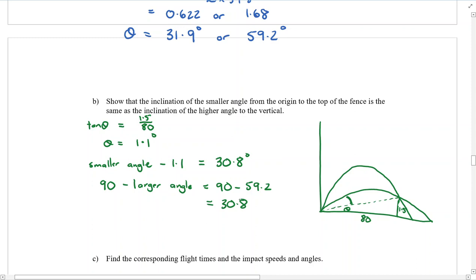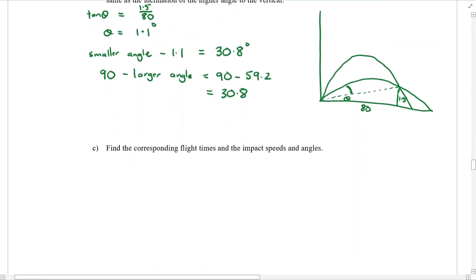So the angle between directly going to my fence and my lower angle is the same as the angle from the right angle to the larger angle. So there is a relationship between all these angles, is the point of all that. And part C. Find the corresponding flight times and the impact speeds and angles.